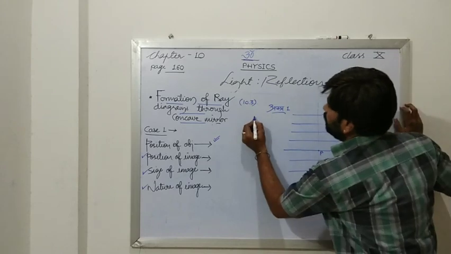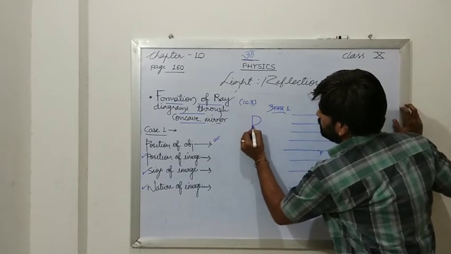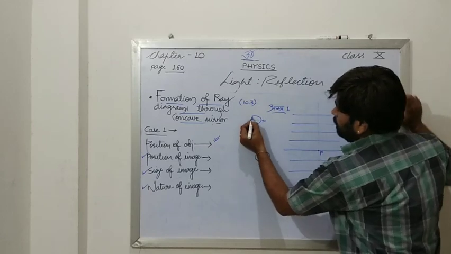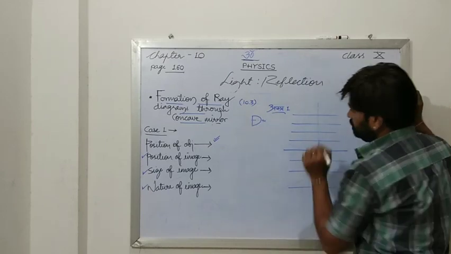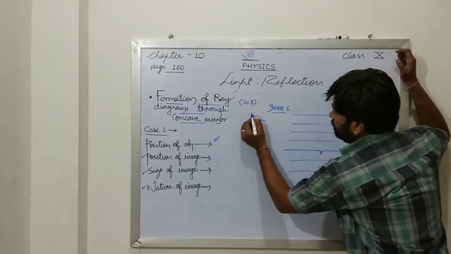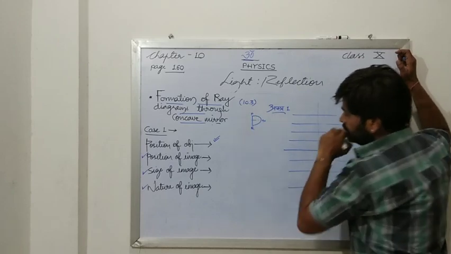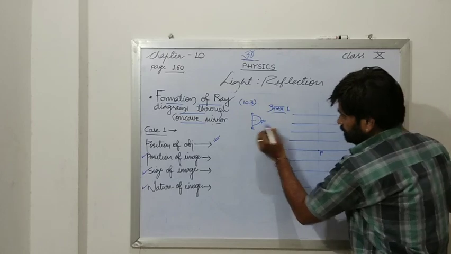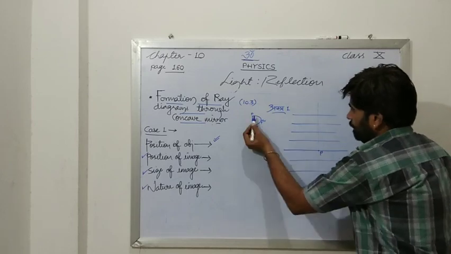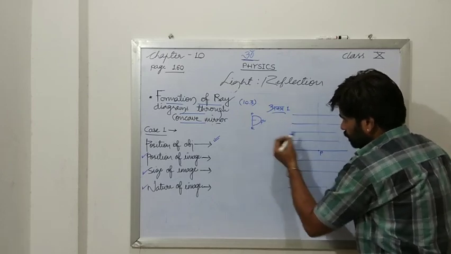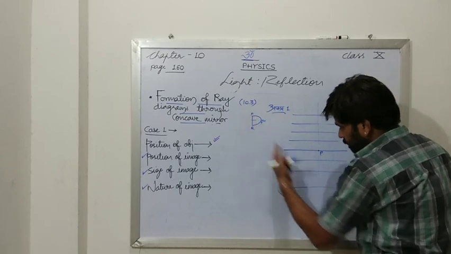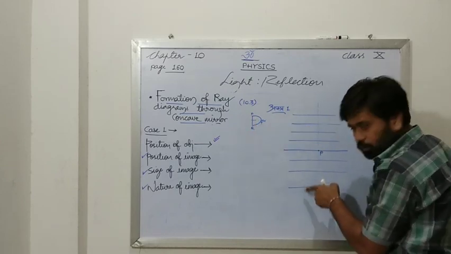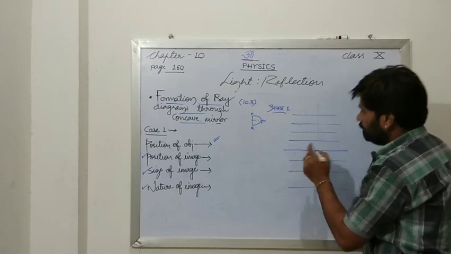Then you have to put this, your D. This is the 90 degree, so this will be the normal, as we have already done. Then if this is the point P, then this is the point Q. From the third line you have to start, that is P, and move to Q, below the principal axis, third line.